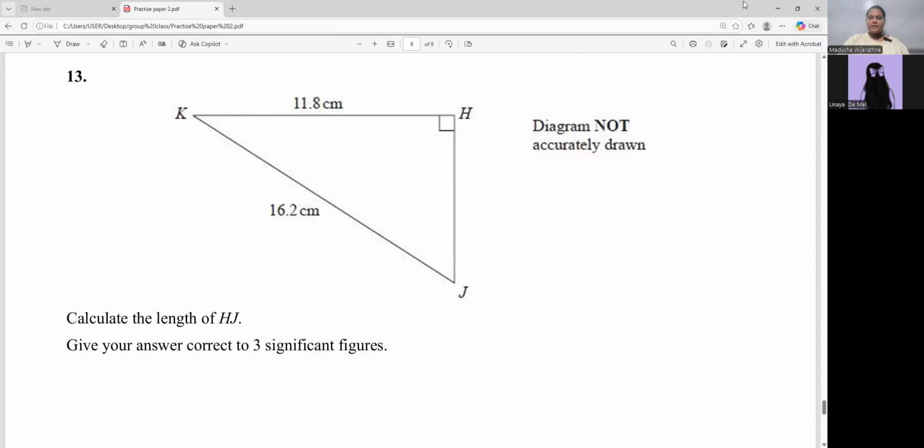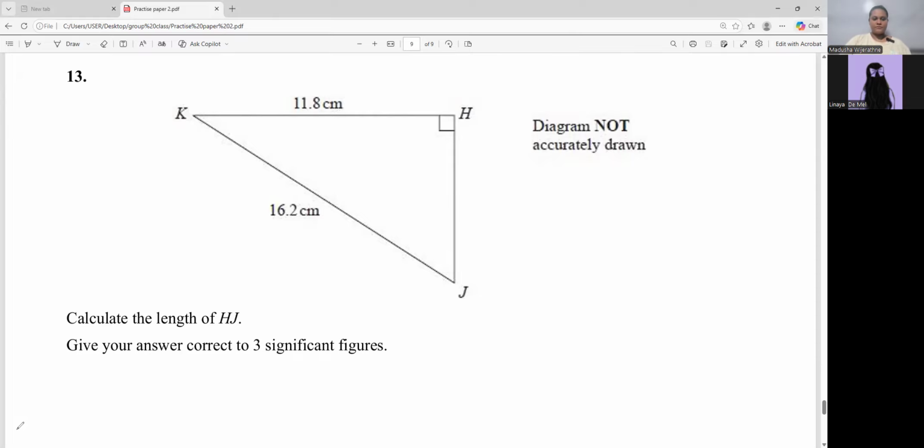For right angle triangles, we have the Pythagoras theorem and the sine cosine ratios. They haven't asked anything about angles and they haven't given us any angles, so there's no point in doing sine cosine. We can use the Pythagoras theorem.